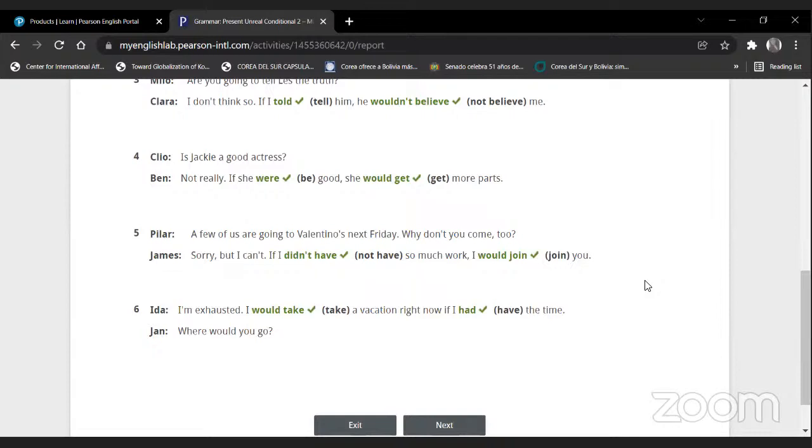It's perfect. The next grammar that we have, give me a second. It is the past perfect continuous and should have. These two grammars have something in common. So these two grammars we're gonna finish tomorrow, okay?